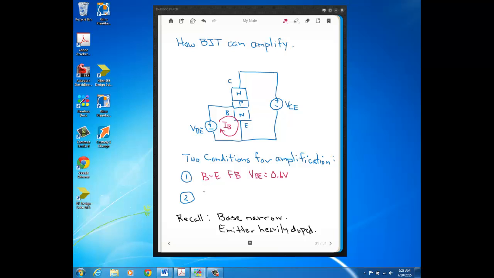Now, in addition to having base current flowing due to this base emitter being forward biased, the other condition that we need in order to get the transistor to amplify is that we need the other source value, VCE, to be at least 3 to 4 times VBE.